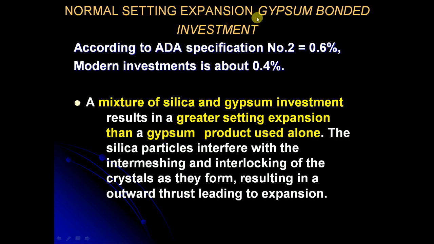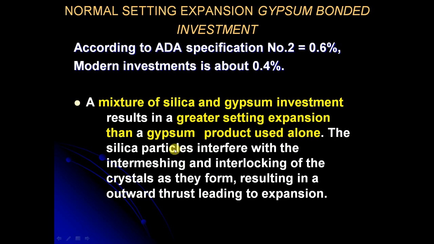Normal setting expansion of the gypsum bonded investment, according to ADA specification number 2, is 0.6%; the mortar investment is about 0.4%. A mixture of silica and gypsum investment results in a greater setting expansion than a gypsum product used alone.